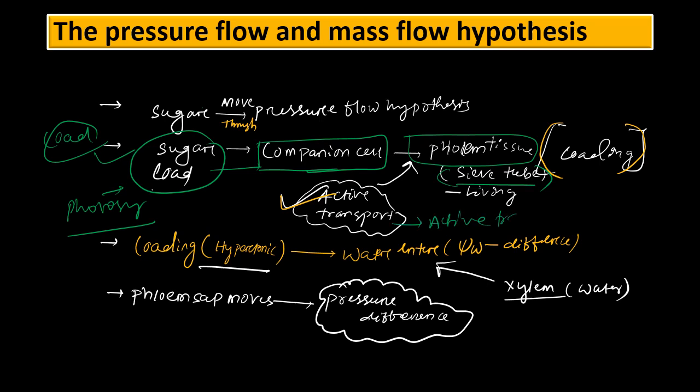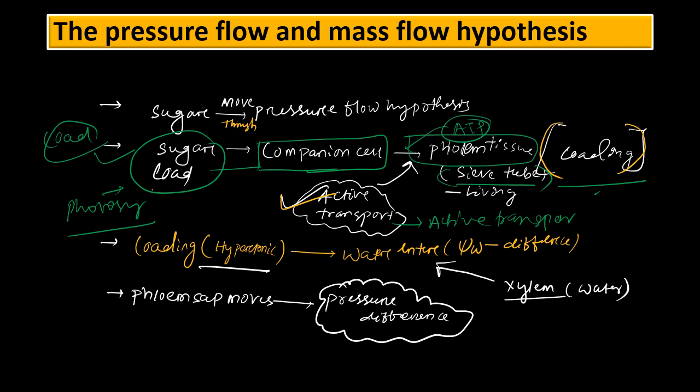In active transport, we know the cell contains different types of protein, and energy is involved. So ATP is involved: during phloem loading from the companion cell to the sieve tube of the phloem tissue, ATP is involved through active transport. This is the overall process of loading.